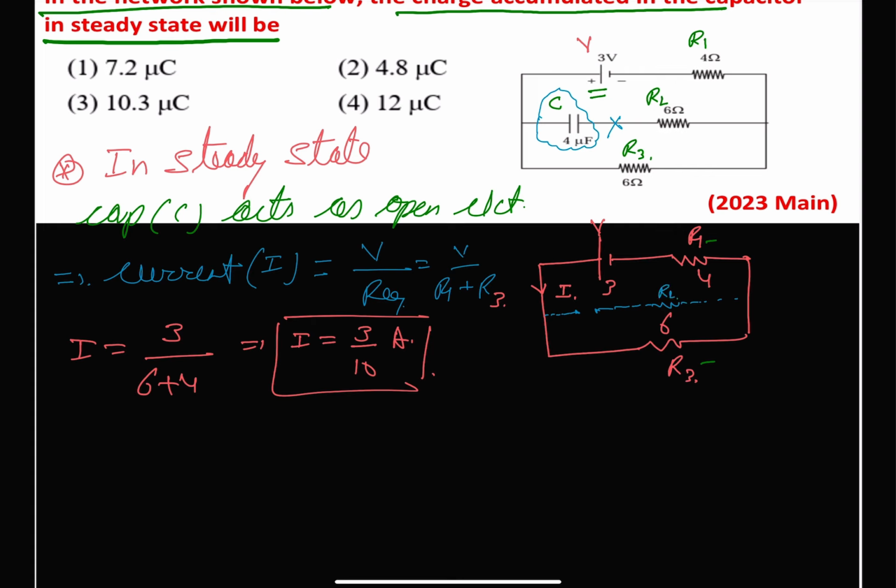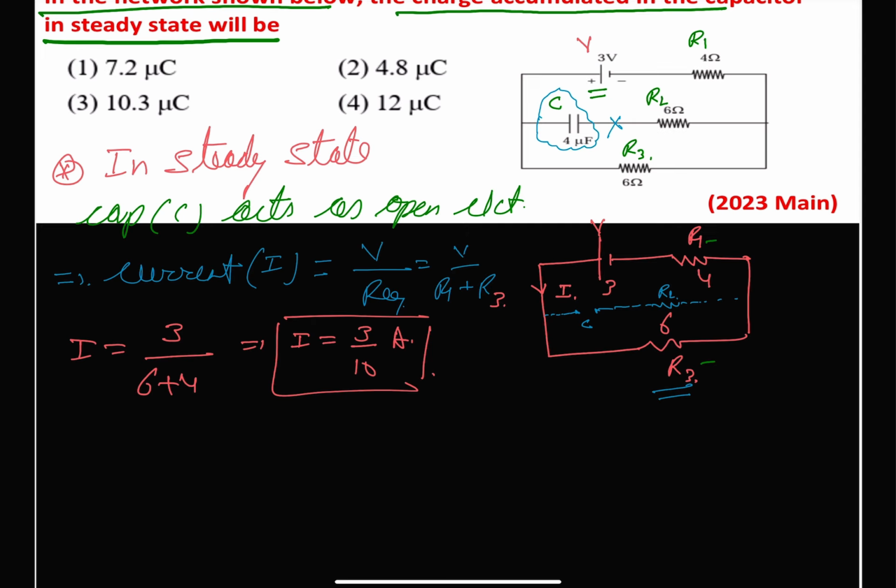So this entire circuitry, that is the capacitor and R2, is in parallel with R3. So the voltage drop across R3 will be indirectly the voltage drop across the capacitor, or the parallel circuit of capacitor and resistance.